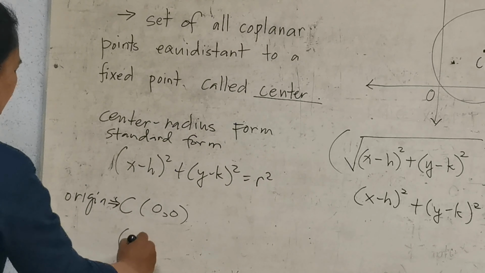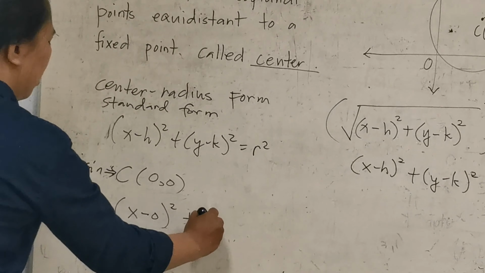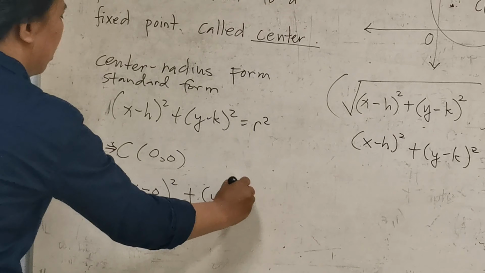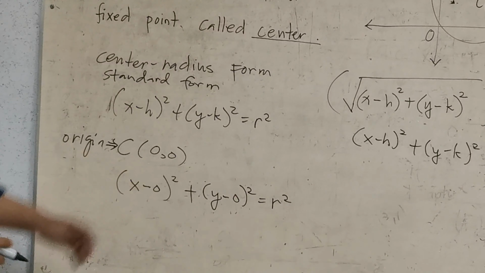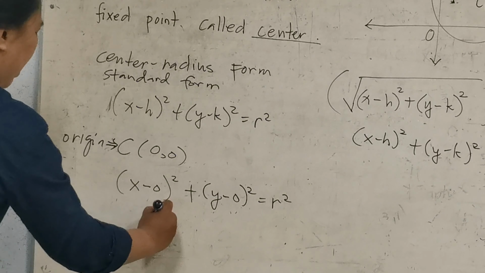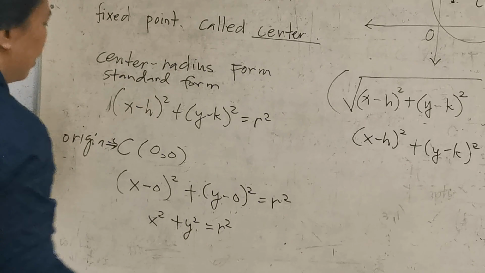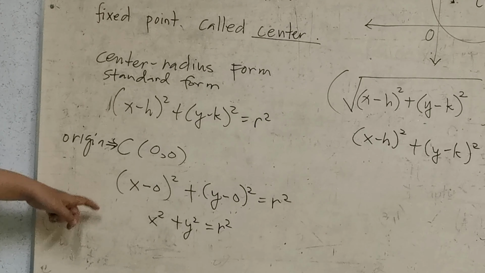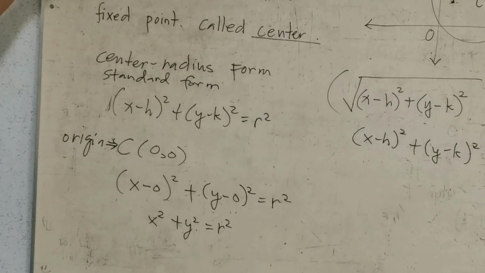We will have x minus 0 squared plus y minus 0 squared is equal to r squared. Simplify this, we have x squared plus y squared is equal to r squared. So these are the two most important equations that we will encounter in the conic sections, specifically the circle.